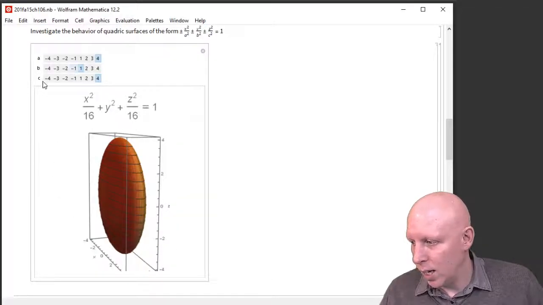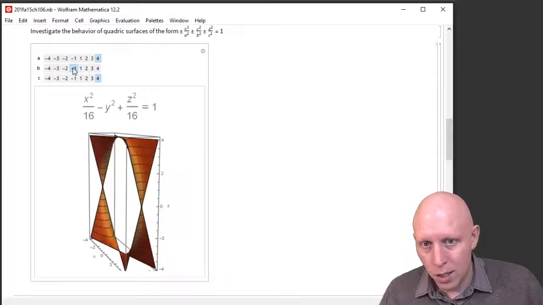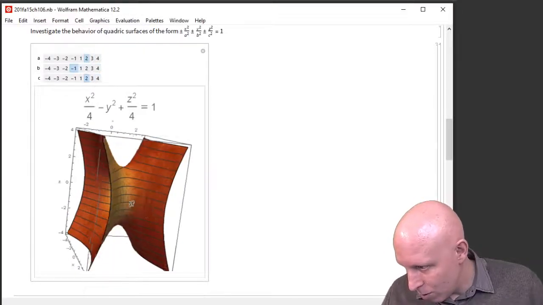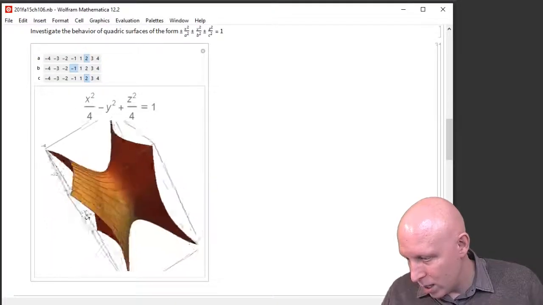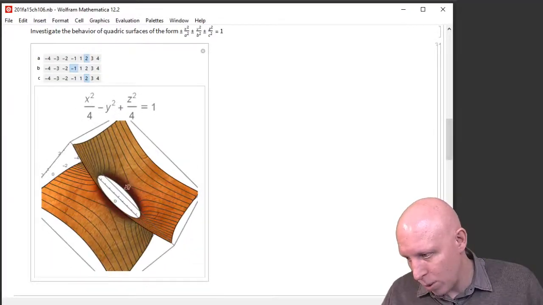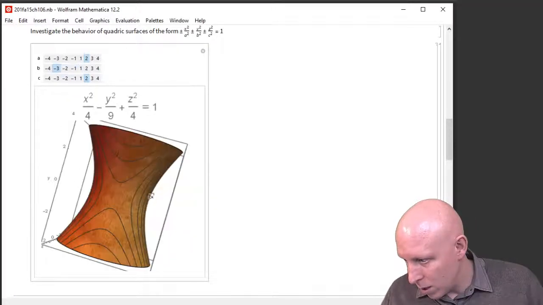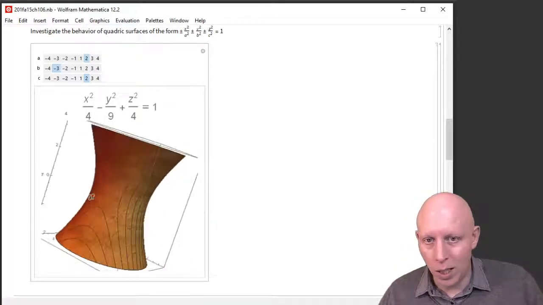All right, but if one of these coefficients becomes negative, then what you get is this shape that is the hyperboloid of one sheet. Let me make this a little bit bigger, and then you get this, I mean, it's an interesting funnel-like shape.